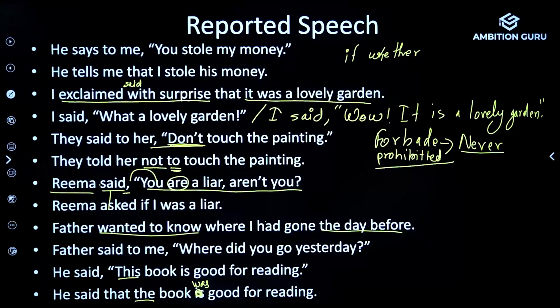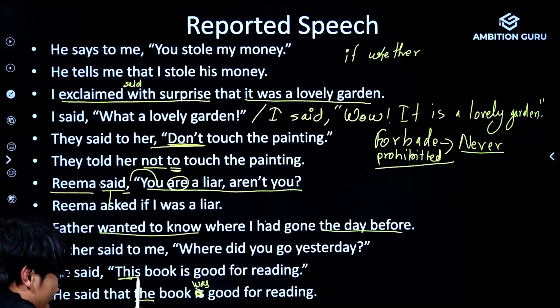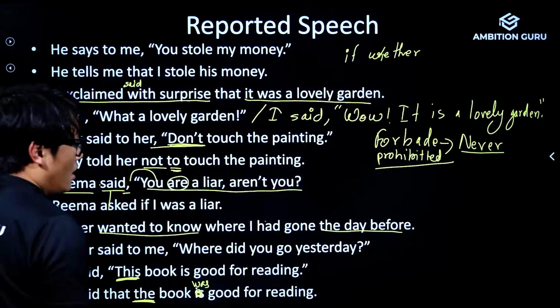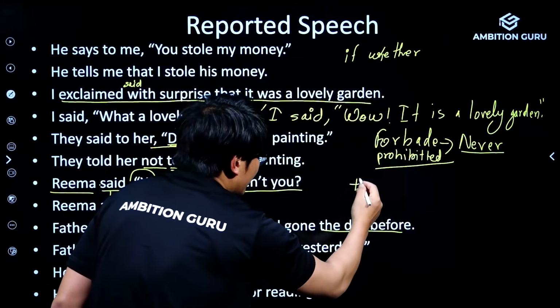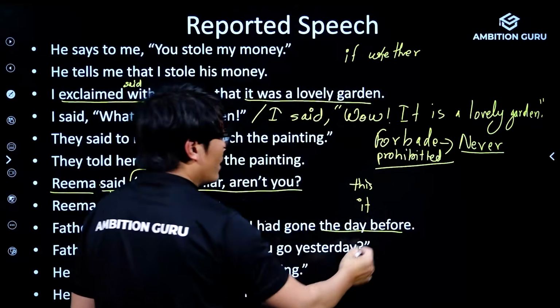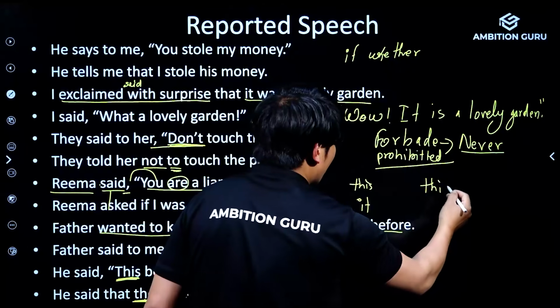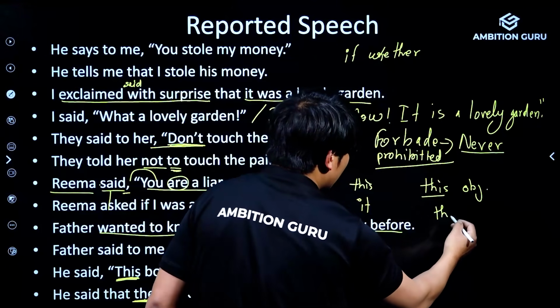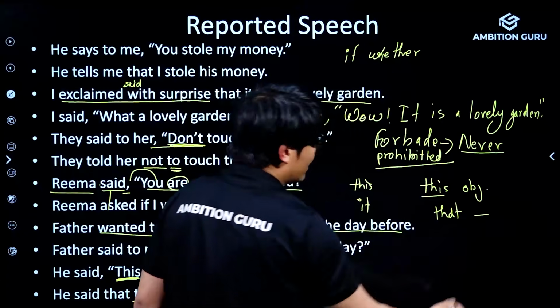Because last time I had told you, when there is a this in the first, we need to change to that. When there is only this, then it should be changed to it. At last, when there is a this after object, then obviously it should be changed to that.